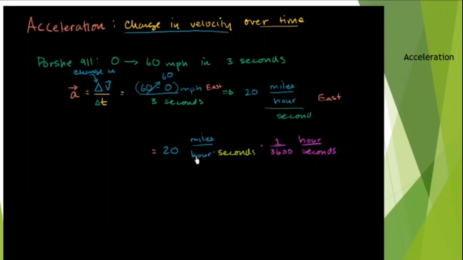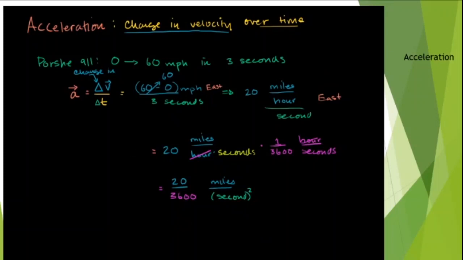And then you multiply. Do a little dimensional analysis. Hour cancels with hour. And then this will be equal to 20 over 3,600 miles per second times seconds. Or we could say miles per second squared.